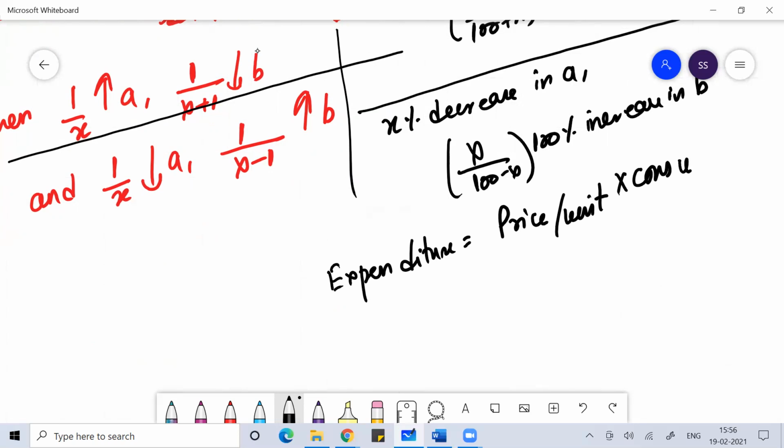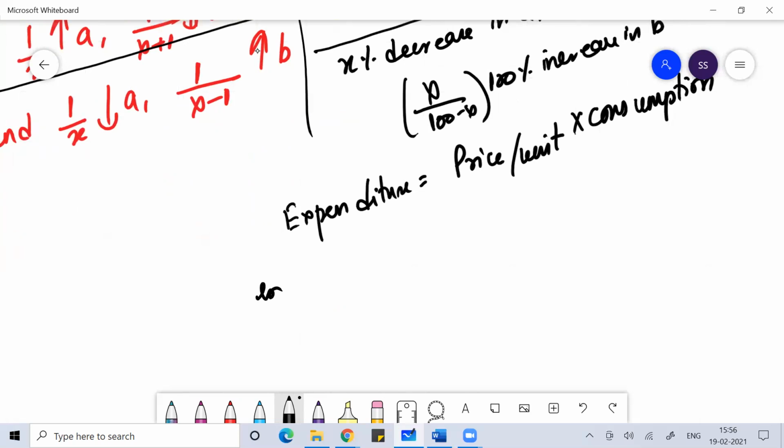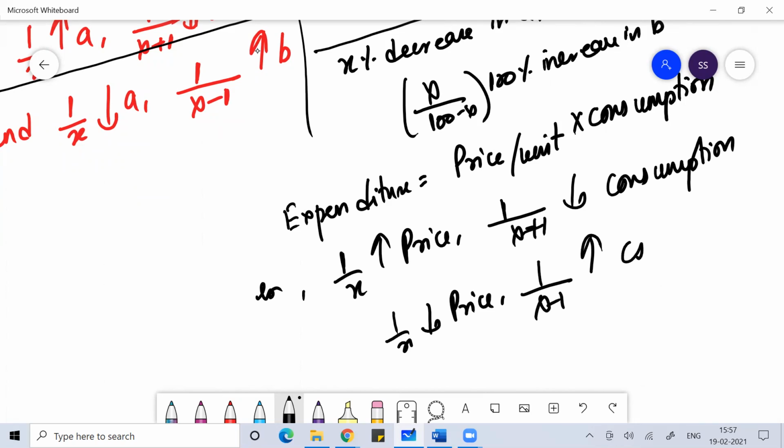So 1 by x increase in price will bring 1 by x plus 1 decrease in consumption, or 1 by x decrease in price will bring 1 by x minus 1 increase in consumption.